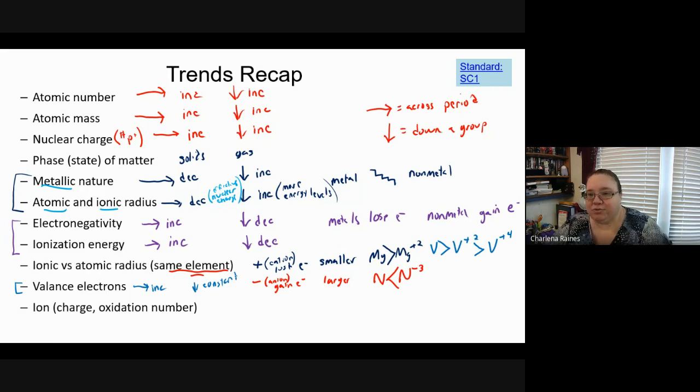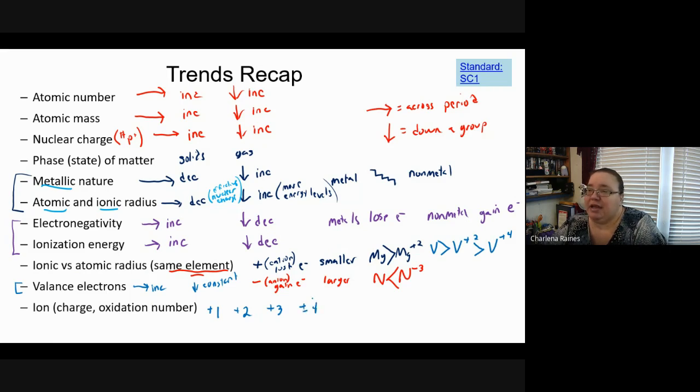Now, my charge, my ions, ladies and gentlemen, that's that pattern that we need to memorize. If you don't have it memorized, have it on your periodic table so you can look at it. It doesn't have a general overall pattern. We go group 1 plus 1, group 2 plus 2, 13s plus 3, 14, 4 valence electrons.